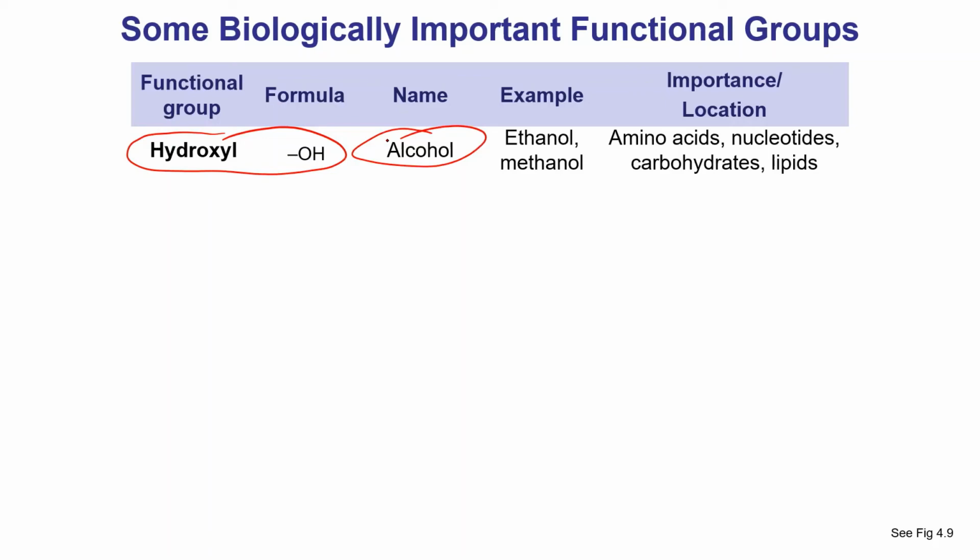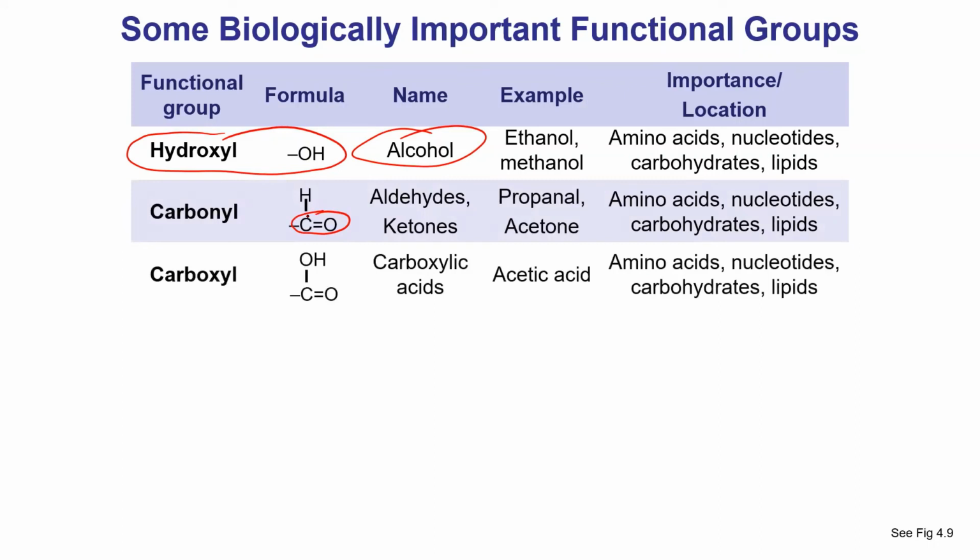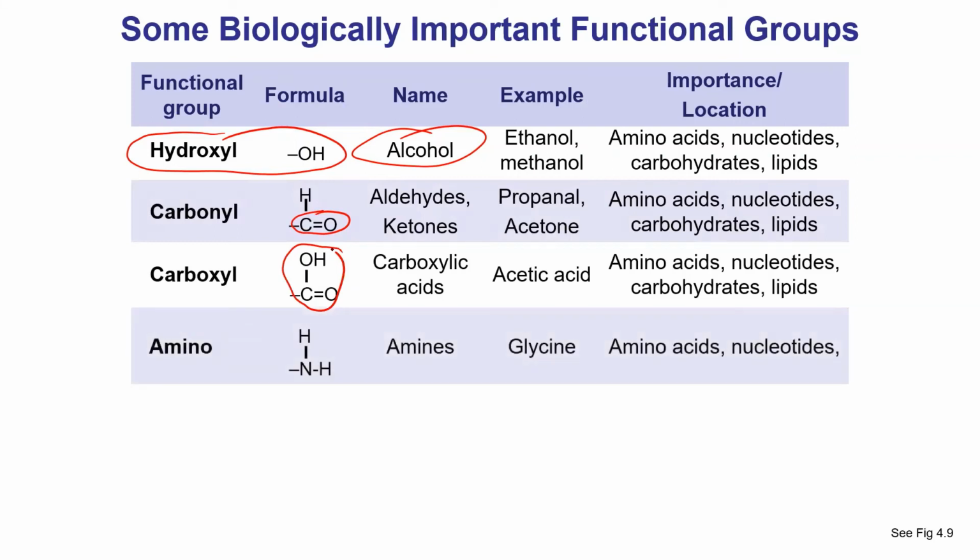That's found in most of the macromolecules, but most important in carbohydrates. There's also the carbonyl group, which is a carbon double bonded with oxygen. There's a carboxyl group, this whole group like that. That's an acid. There are also amino groups, which we find in amino acids.